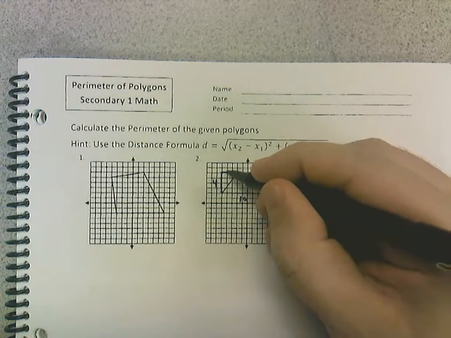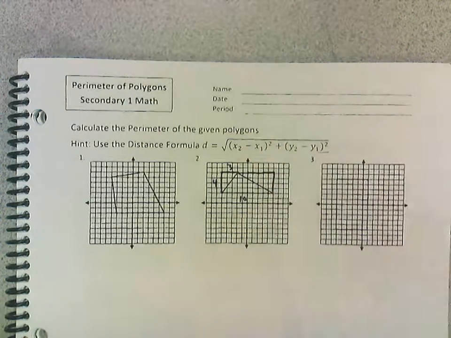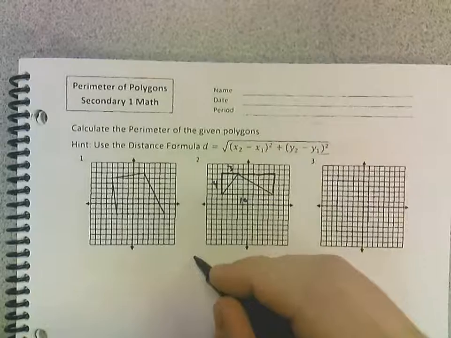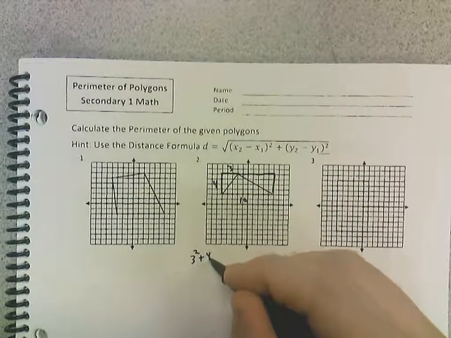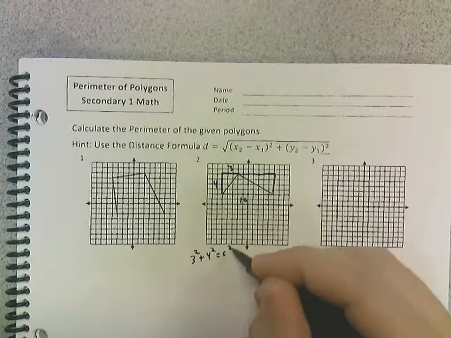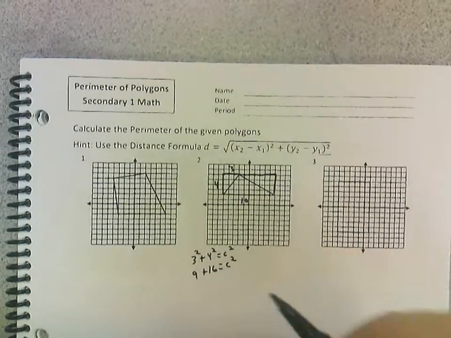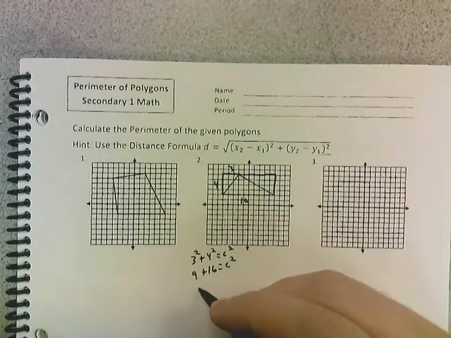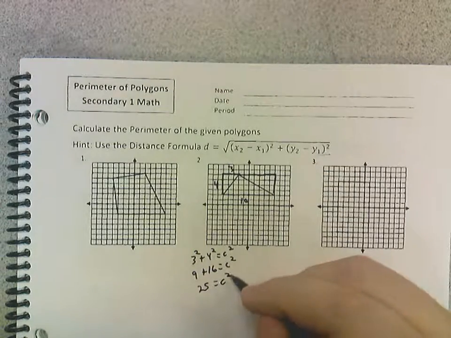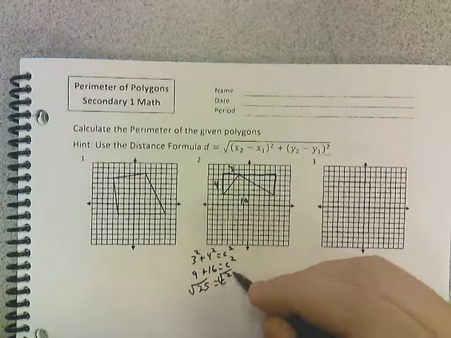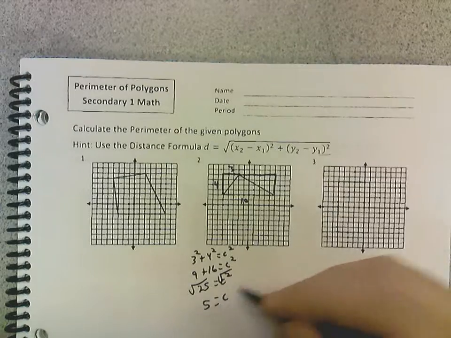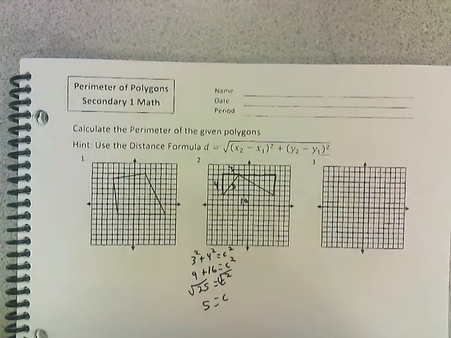And then that one is 1, 2, 3. So to set it up, it would be 3 squared plus 4 squared is equal to c squared. 3 squared is 9, 4 squared is 16. You guys have probably seen this example a million times. And then 9 plus 16 is 25. The last step would be to square root, and that's just 5. Okay, so that side length is 5.